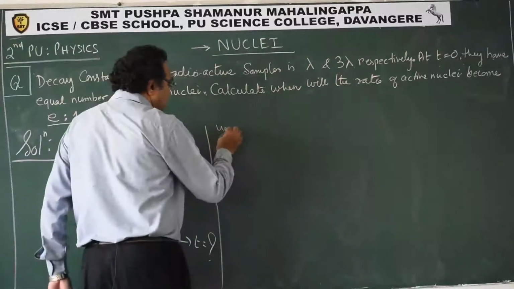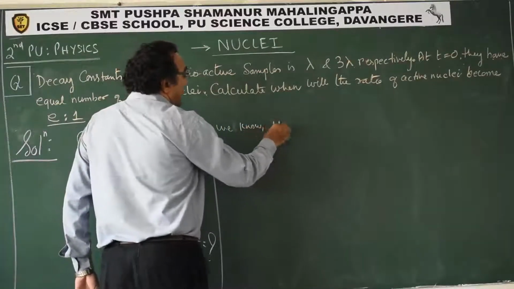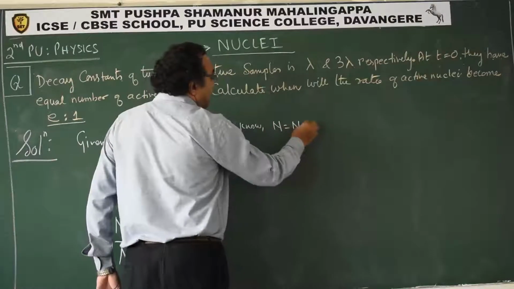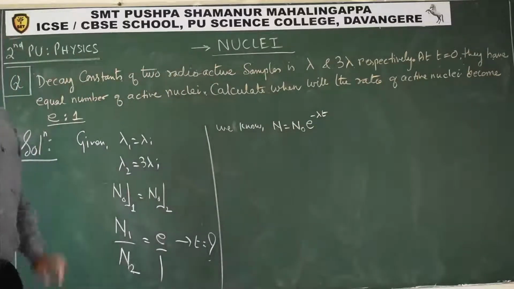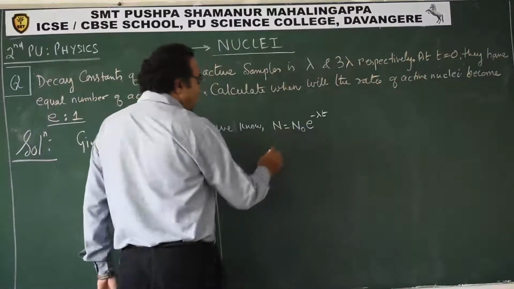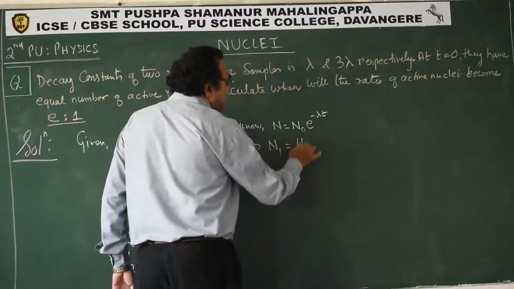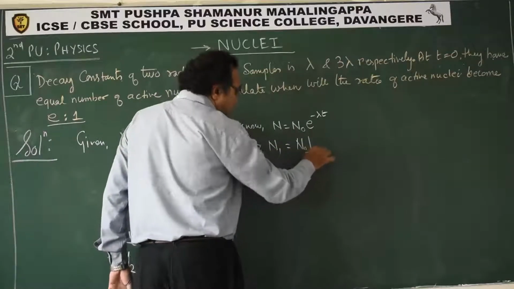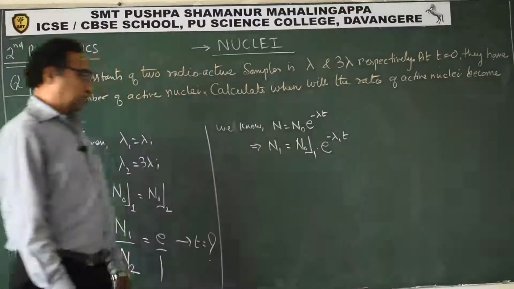We know N is equal to N naught e raised to minus lambda t. The other equation we will not use. So N1 is equal to N0 of 1 e raised to minus lambda 1 into t.